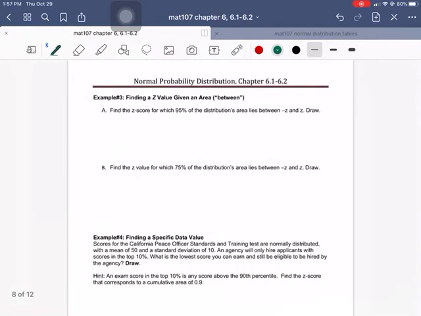All right, and then one more page, we're going to do a between, right in the middle here is 95%, okay? So 95% in the middle, think about that. 1 minus 0.95 is 0.05, divided by 2 is 0.025. 0.025 here, 0.025 here.